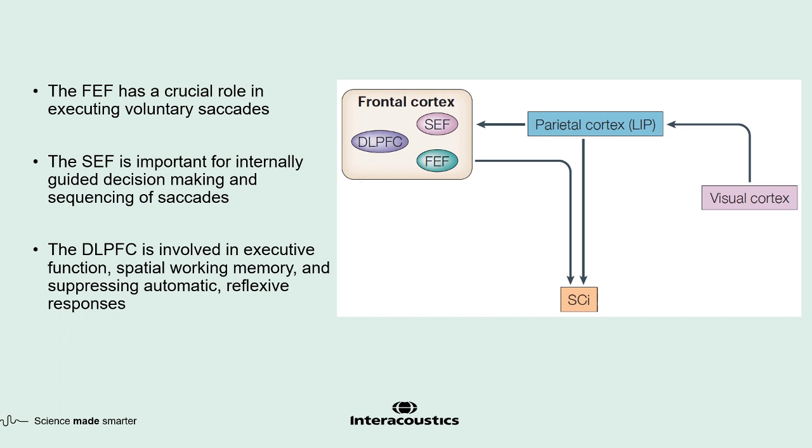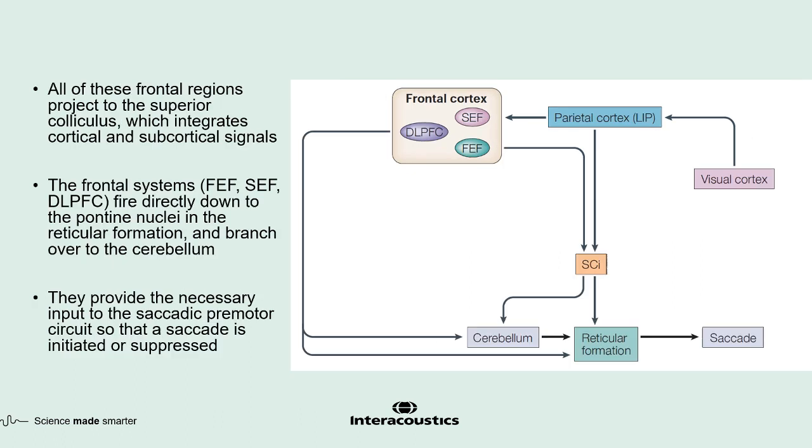The dorsolateral prefrontal cortex is also involved in spatial working memory. And it's crucially involved, and this is what we're analyzing with our tests, in suppressing automatic and reflexive saccadic responses. I didn't list this, but it's also the area that tends to fire cold on functional MRI when people have chronic depression.